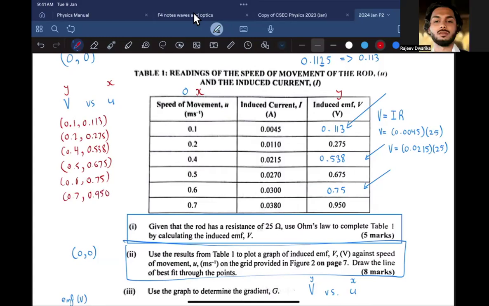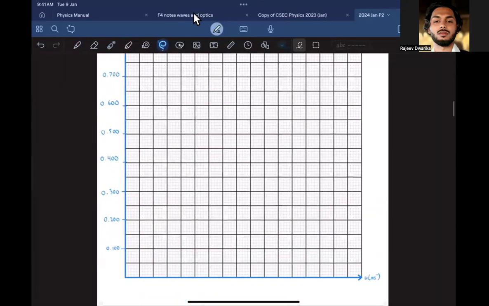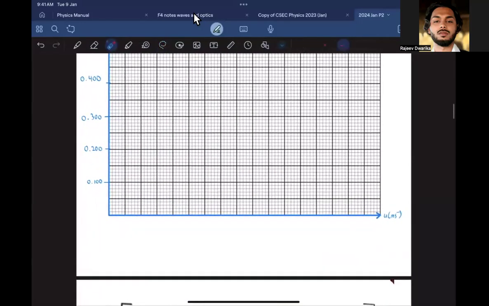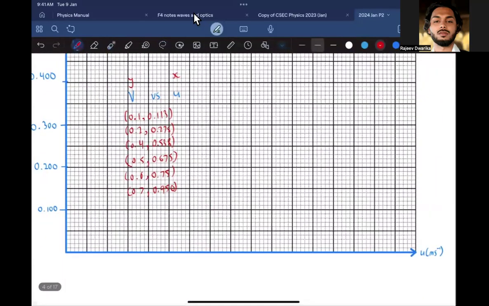Yeah, so you shouldn't have a problem with the scale for the x-axis. So tell me on the x-axis, what is the smallest value? 0.113, no, this is the y-axis.